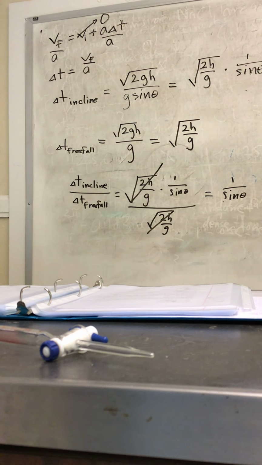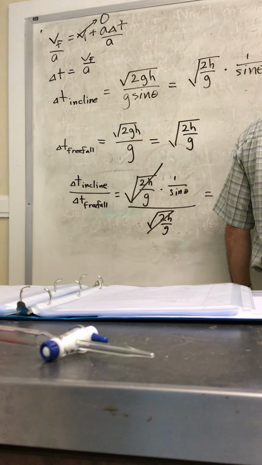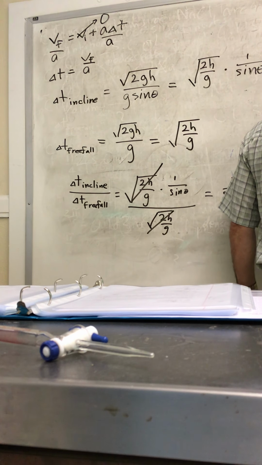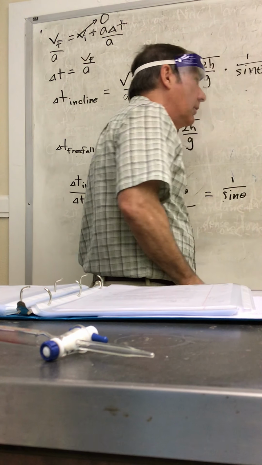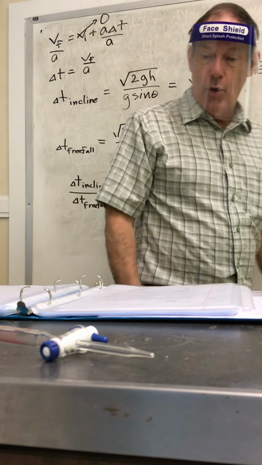What is sine of 20 degrees, and then take the reciprocal, 1 over that number. Let's see what this ratio is. By the way, if you're in radian mode, you'll have to convert degrees to radians, multiplying by pi divided by 180. Put it in radian mode.